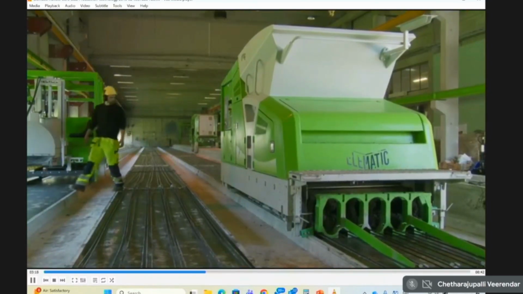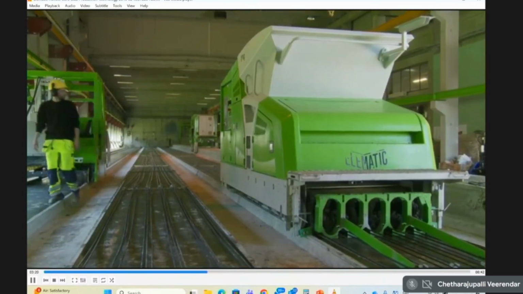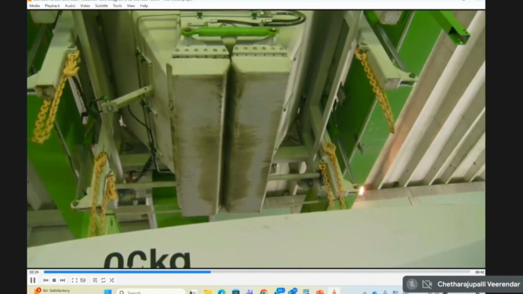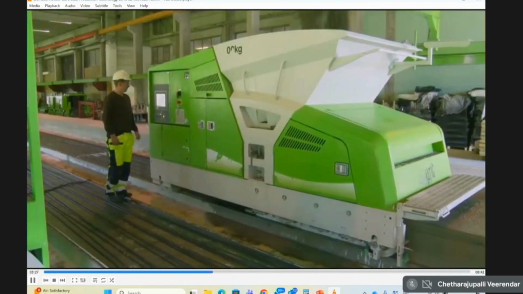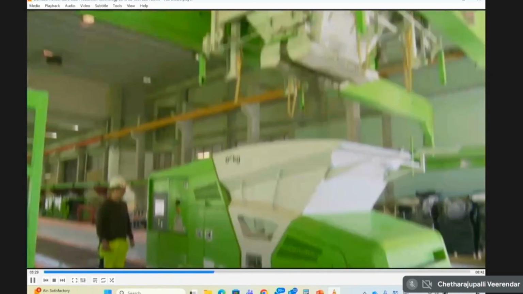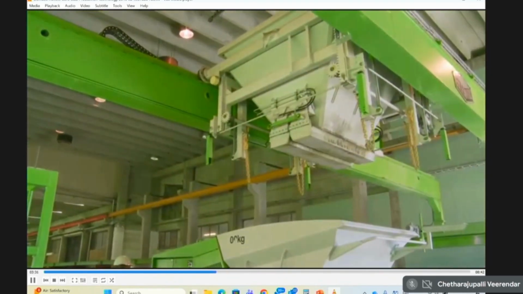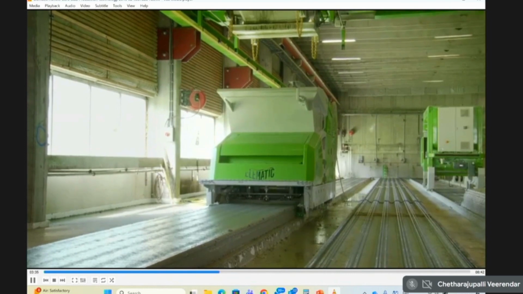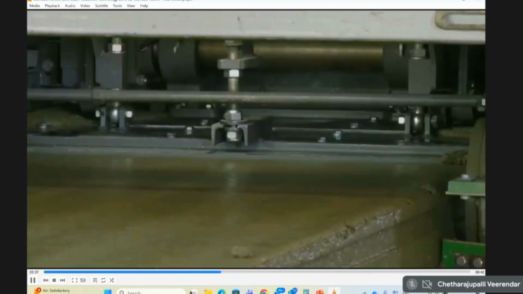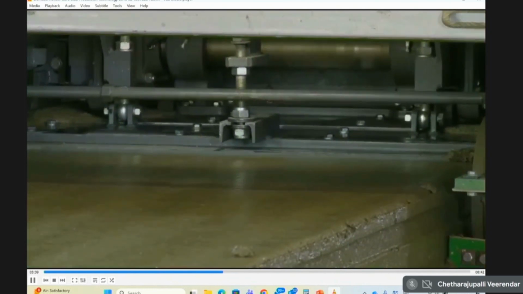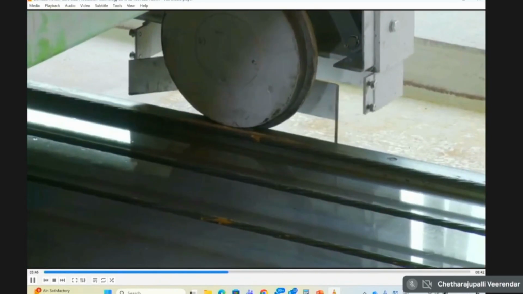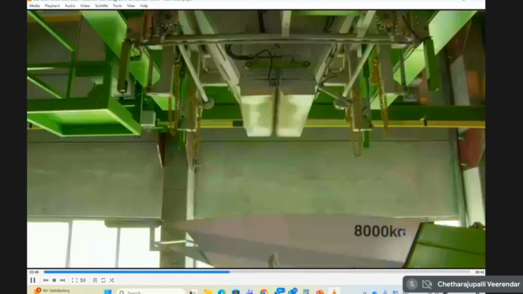Maximum 15 people are required even in Indian conditions to run this entire operation, including the batching plant operator and stockyard operator, because all these operations are automatic. The shuttle movement, the distributor movement. So you can see the casting of the hollow core slab. Without a form, a very hard kind of slab is being produced, of thickness anything between 150 mm to 500 mm, depending on the span and load.